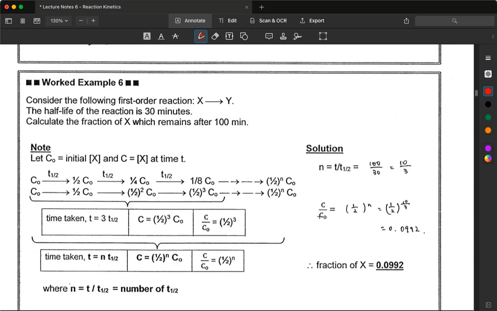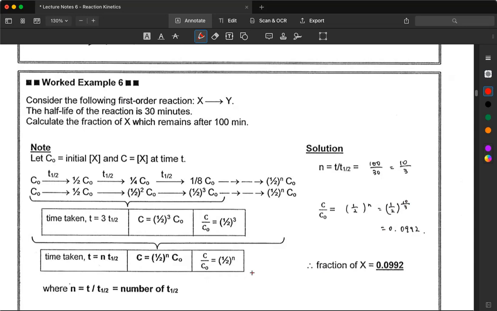So C over C naught is 1 over 2, to the power of n. Then you take 1 over 2 to the power of 10 over 3 to find the fraction of X that remains. Because 100 minutes is not a very nice number, you have to use this method to get that fraction.